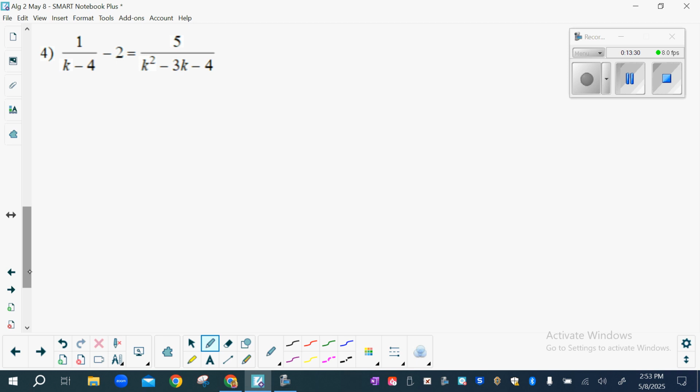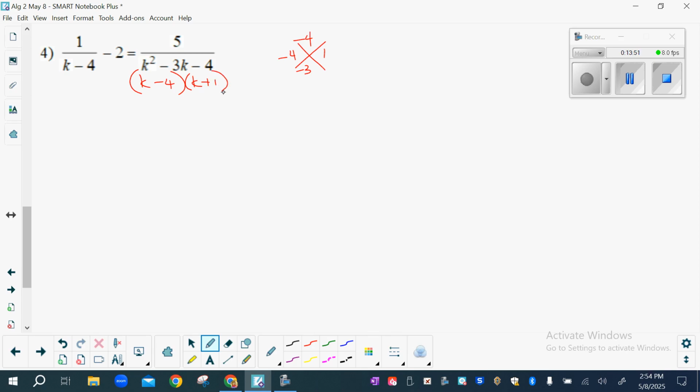K squared, that's right. So we're going to look at what multiplies to negative 4 that adds to negative 3. And what would that be? Negative 4 and 1. So this is k minus 4 times k plus 1.